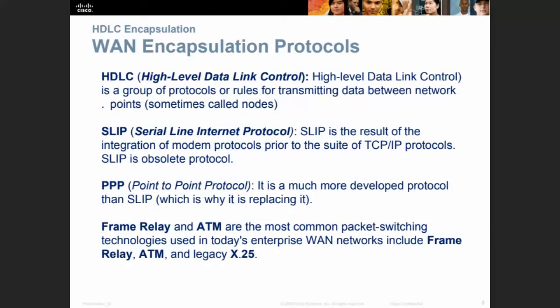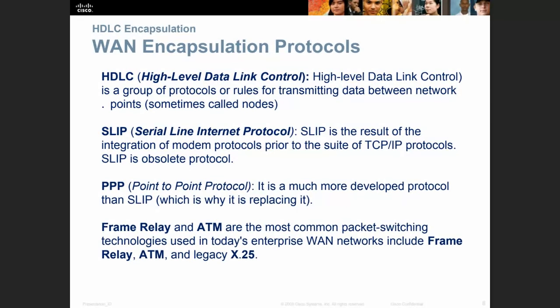HDLC is High-level Data Link Control. It is a group of protocols or rules for transmitting data between network points or nodes. SLIP is the result of the integration of modern protocols prior to the TCP/IP protocol suite, but now nobody is using it. SLIP is the old technology.